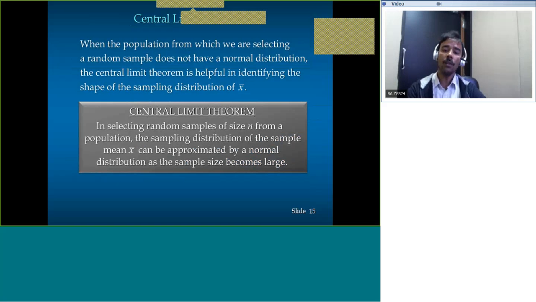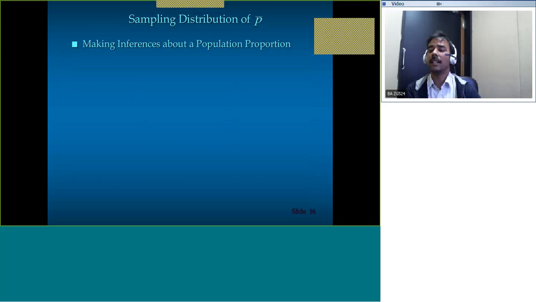Clear, thanks. Now, similarly, the same logic can be applied to a different sample statistic, the sample proportion. Population proportion is your parameter. Sample proportion is your statistic. But a statistic cannot be a constant. It is a random variable because different samples produce different statistic values. That's why our sample statistic, the sample proportion P bar, becomes a random variable.